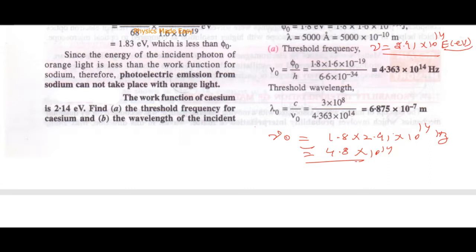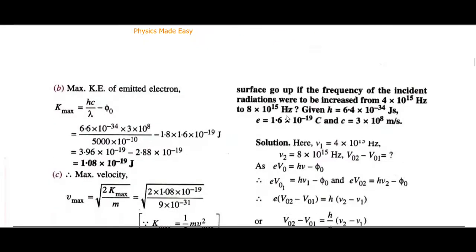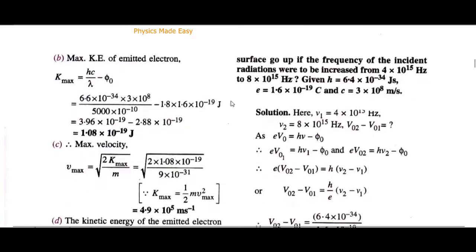Similarly, you can calculate the threshold wavelength very easily: 1.23 into 10 raised to power 4 divided by E, which is 1.8 in electron volt. From here you can make calculations about the threshold. Now, the maximum kinetic energy of the emitted electron is 0.7 electron volt, as I have already told you.